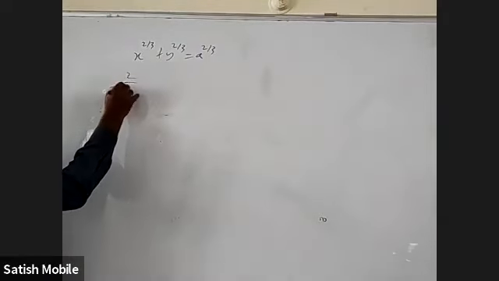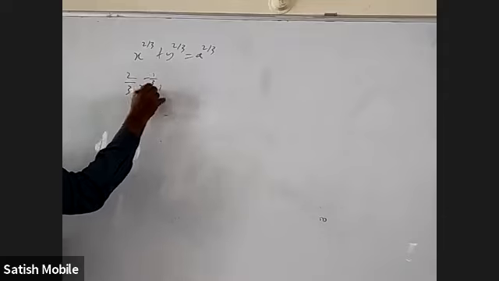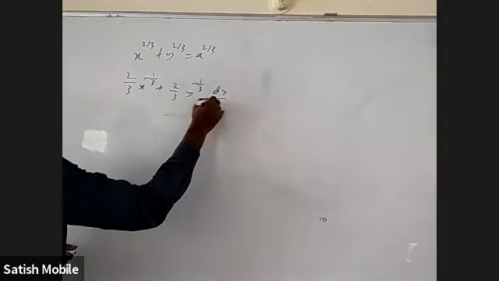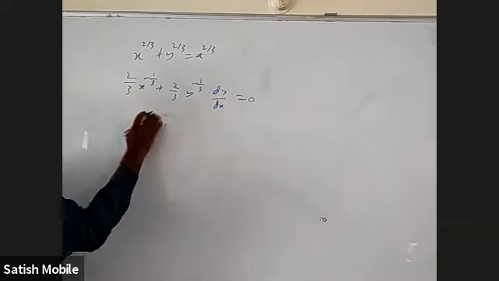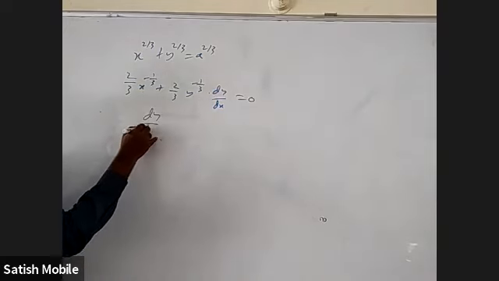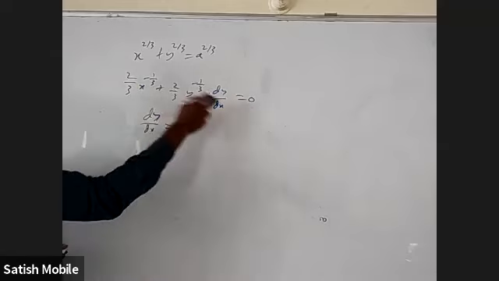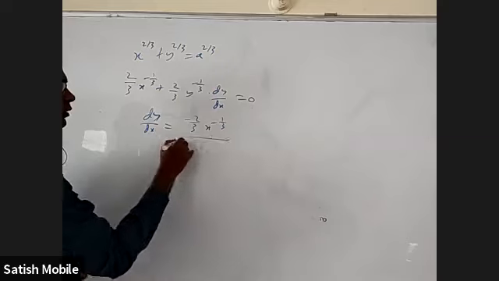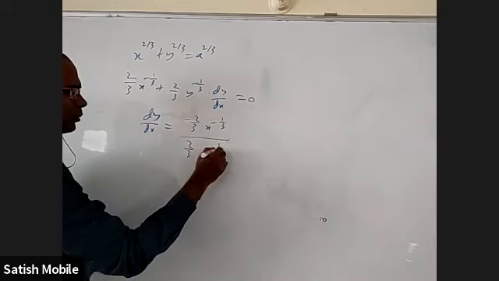So let us say, what is the differential equation for this? When I differentiate this, 2 by 3 x power minus 1 by 3, plus 2 by 3 y power minus 1 by 3 into dy by dx equal to 0. So when I try to find dy by dx, I'll get minus 2 by 3 x power minus 1 by 3 by 2 by 3 y power minus 1 by 3.